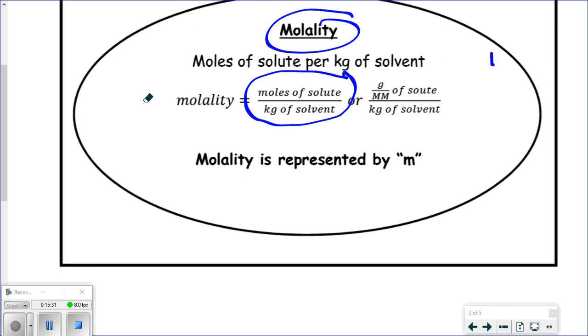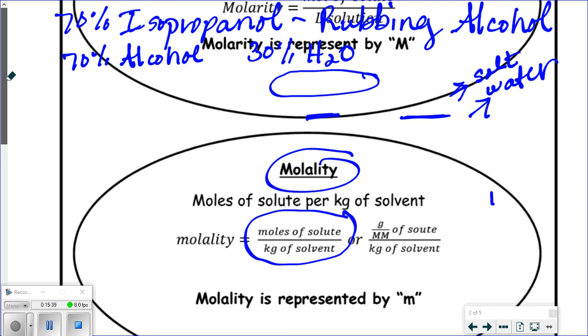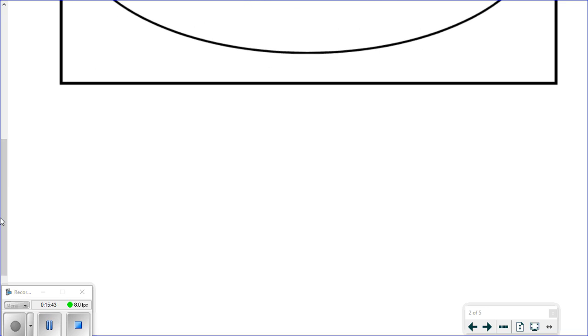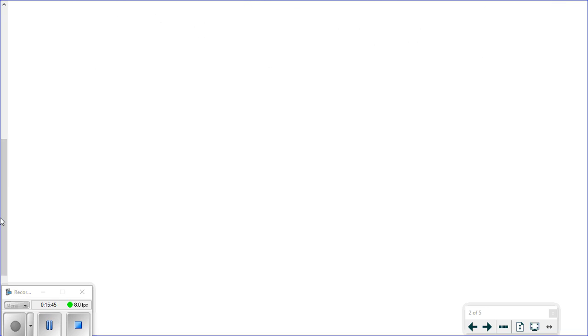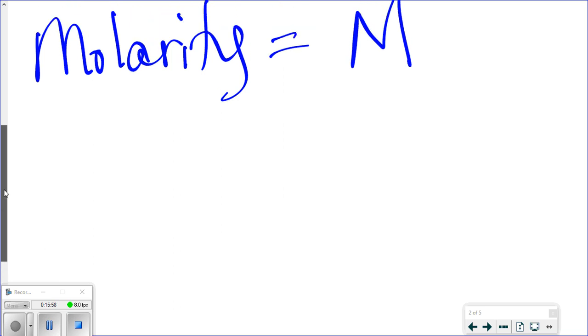And molarity is represented by a big M. Its symbol is a capital M. And I'm sorry you didn't see that very well.